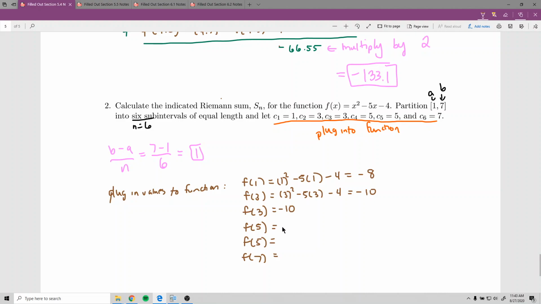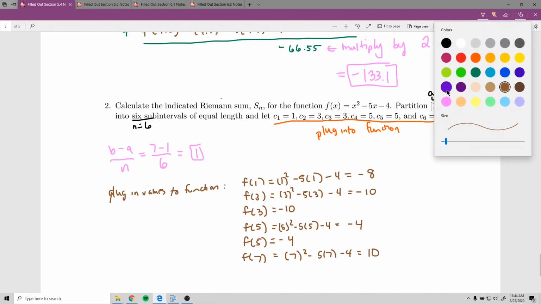Then if we plug in 5, we get 5 squared minus 5 times 5 minus 4. That's 25 minus 25, which is 0, minus 4 is negative 4. And for the next one, it's the same thing, so we don't need to plug it in again. And then the last number we need to plug in is 7. All right, and 7 squared is 49, minus 35 is 14, minus 4 is 10.